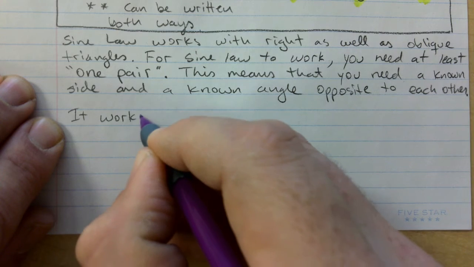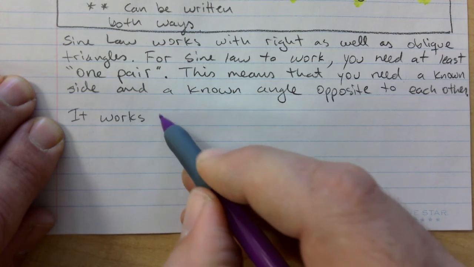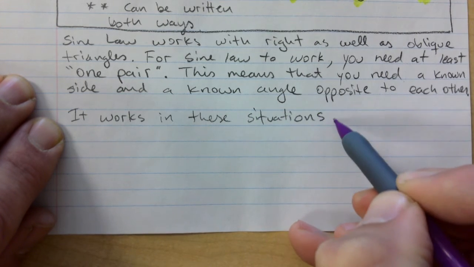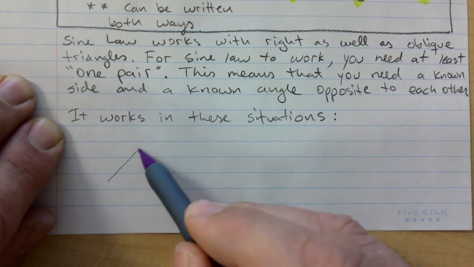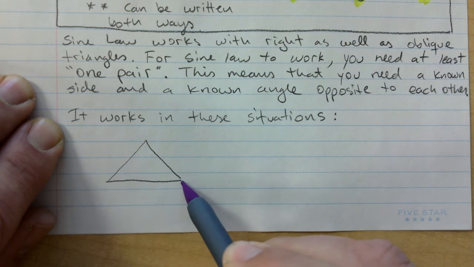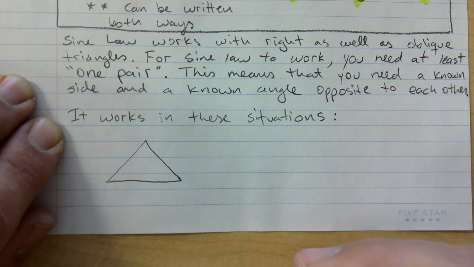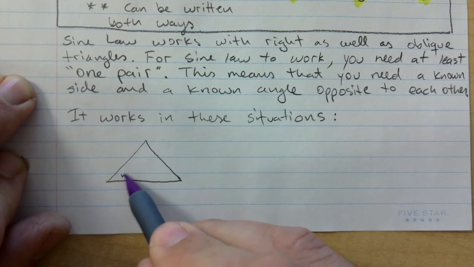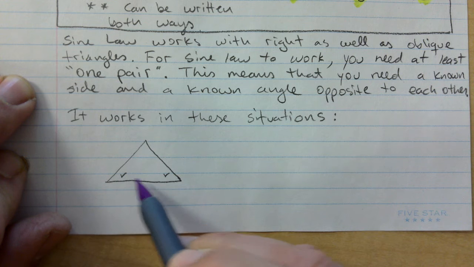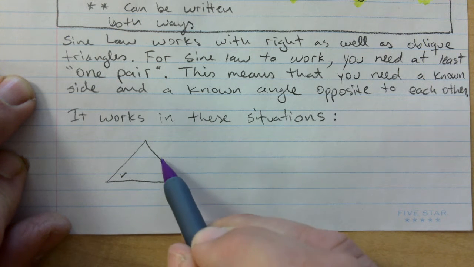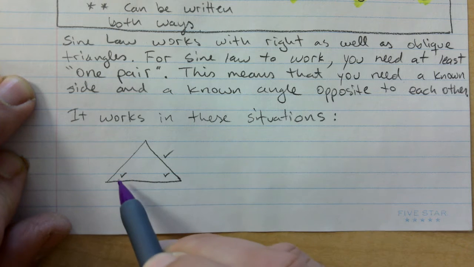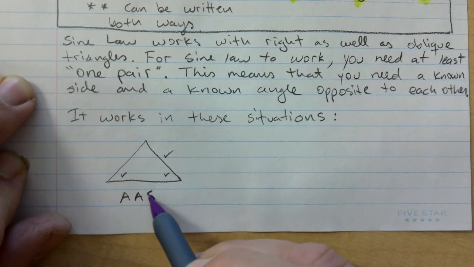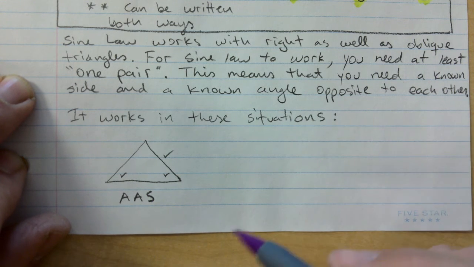It works in these situations. So let's say you know any two consecutive angles. Let's say you were to know these two angles and the side length here. We would call this angle, angle, side, AAS.